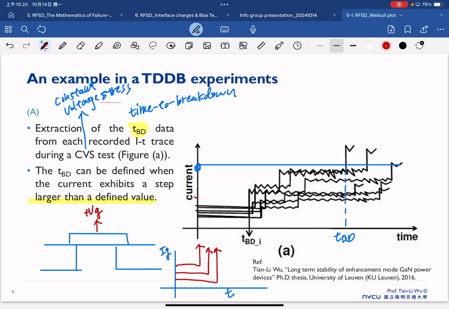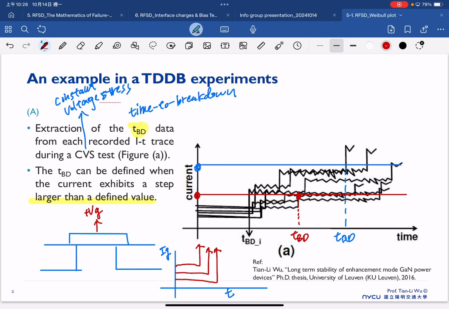So if we define the criterion here, then our TBD is, for example, this: as long as the current increases beyond this defined value, we consider that as the TBD.